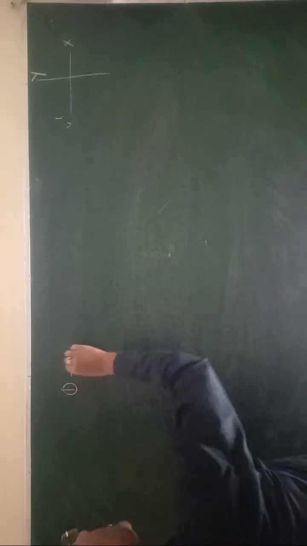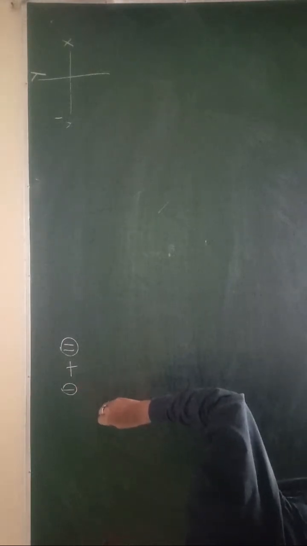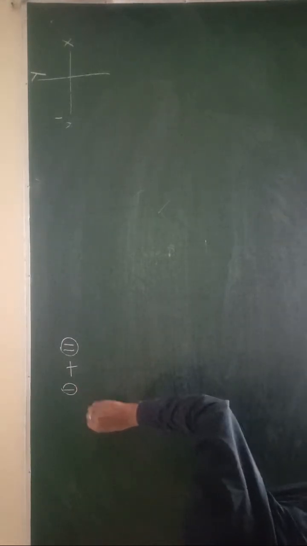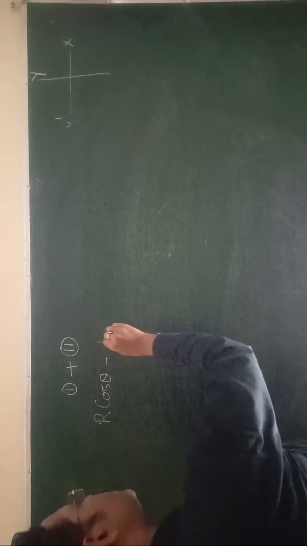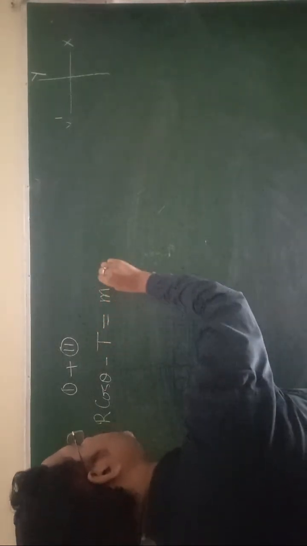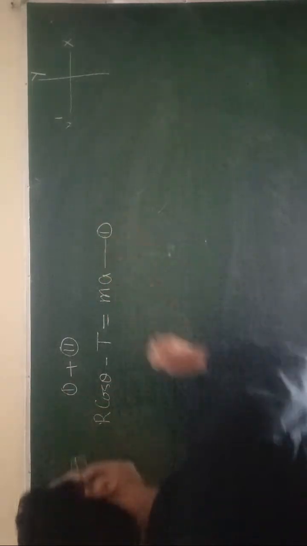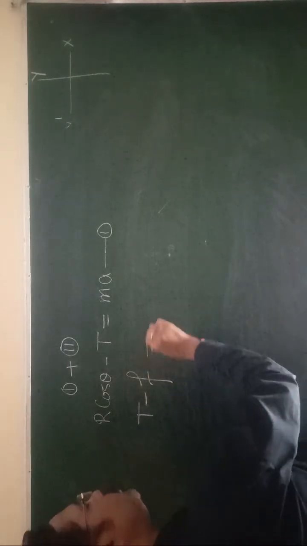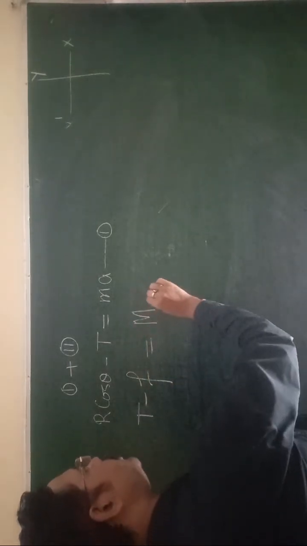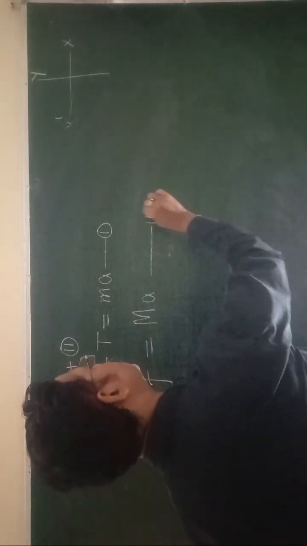You have two equations in the horizontal to find the acceleration. So I am adding equation 1 and equation 2. Equation 1 is R cos theta minus T is equal to m into a for the horse, and T minus f is equal to capital M into a for the cart.